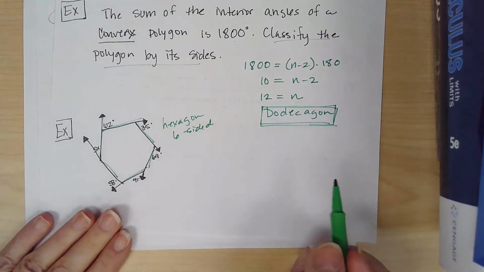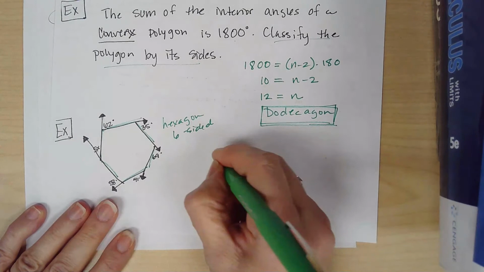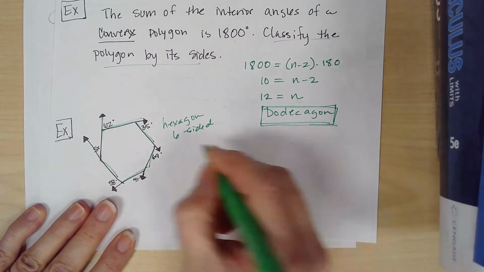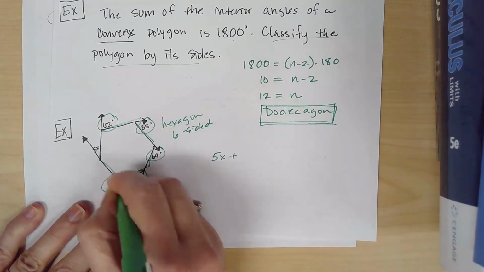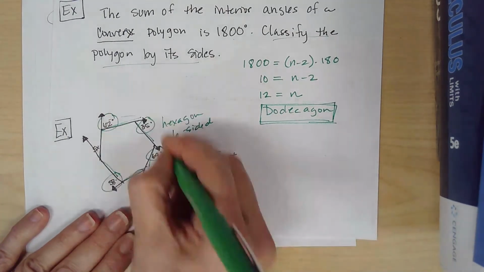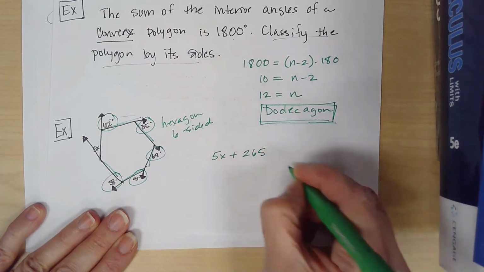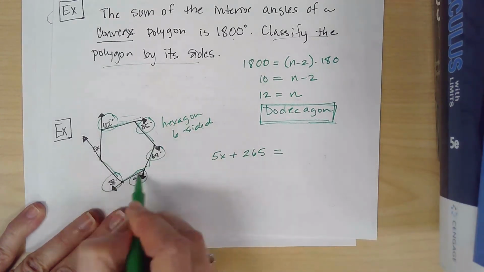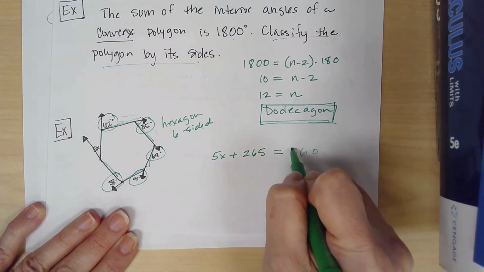What we know is the exterior angles all add up to 360. So if I took 5x and I added 62, 35, 69, 41, and 58, I added all those numbers together, which I'll do in my calculator, I get 265. So all these angles plus this 5x has to add up to 360.